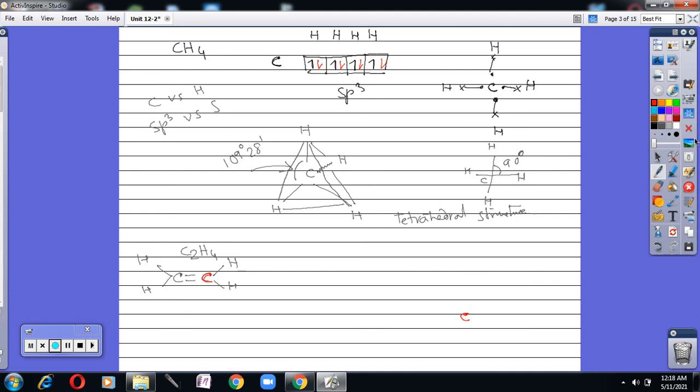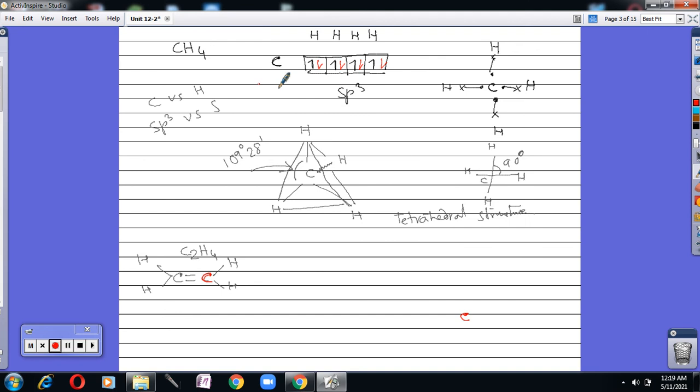red carbon, and this red carbon has the same electronic configuration in an excited state, we can write here in this way.